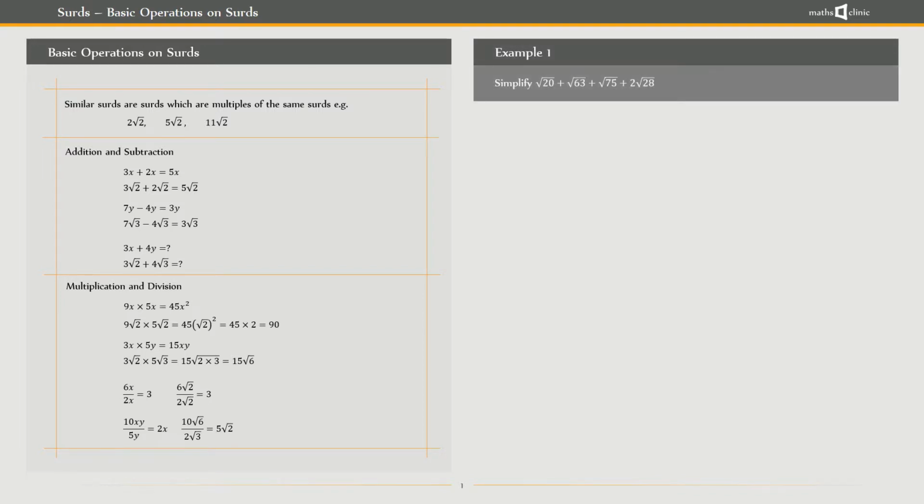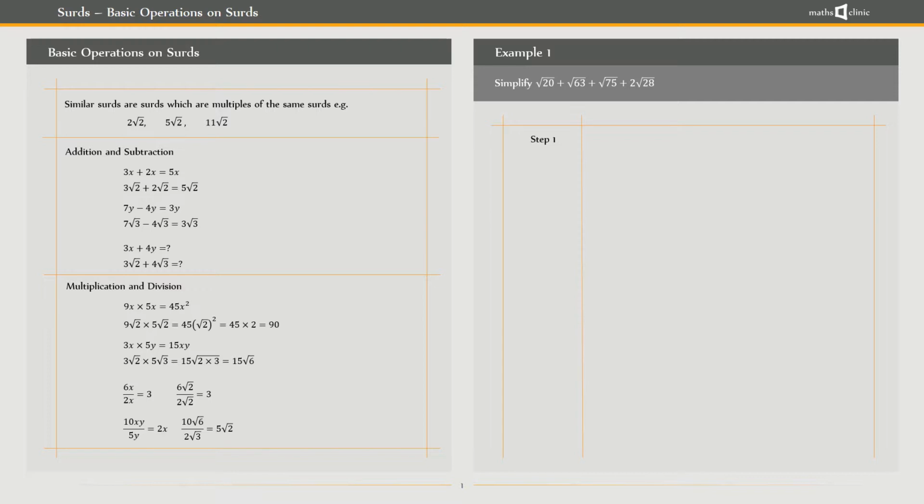Example 1 says simplify root 20 plus root 63 plus root 75 plus 2 root 28. Let's solve this. The first thing we need to do is simplify these very large surds and get them into their basic forms.